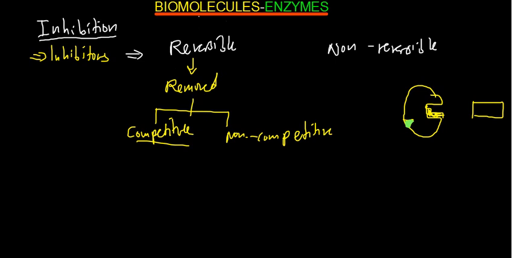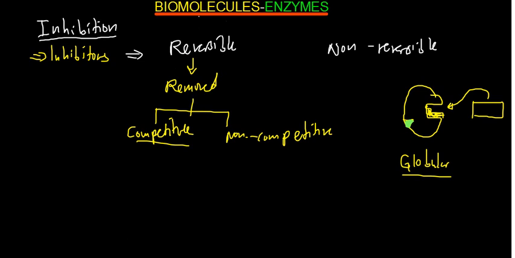Even when the substrate manages to fit in here, because the globular shape of this enzyme has changed, in other words the enzyme has been denatured, the substrate will no longer be able to change. So the inhibition can be reversed when you increase the concentration of the substrate.